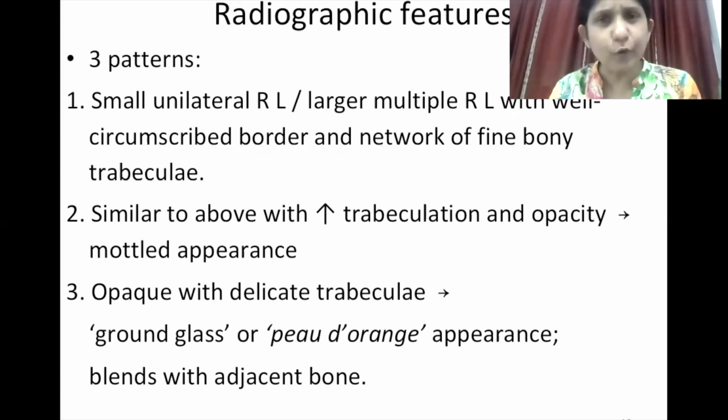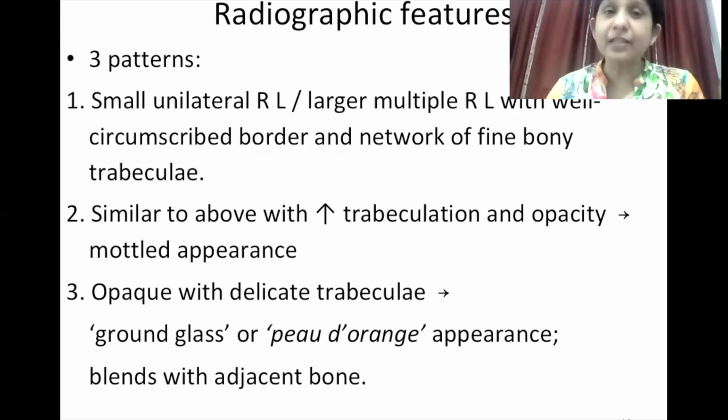So that will give you an appearance as if a few areas of bone would be radio opaque, and otherwise the fibrous connective tissue in the resorbed area will remain radiolucent. As a result, you will have a very mixed radio opaque and radiolucent appearance, and that is called a mottled appearance. So mottled appearance is a mixed radiolucent and radio opaque appearance.